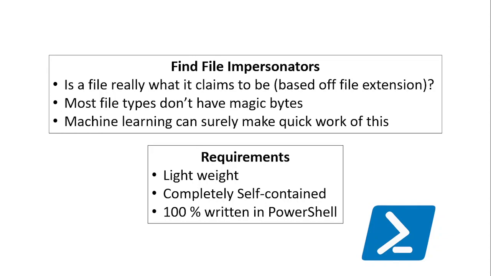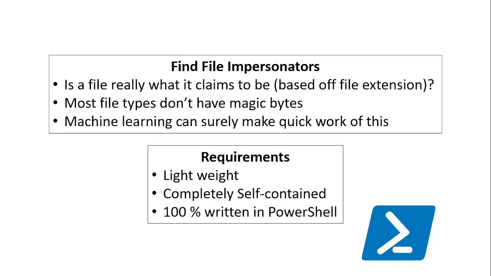I'll try to keep this video as short as I can, but essentially, the idea was to try to find files that were of a different file type than what they were claiming to be, right? So if there's a file that's something.jpg, is it really a JPEG or is it some other file that's just masquerading as a JPEG?